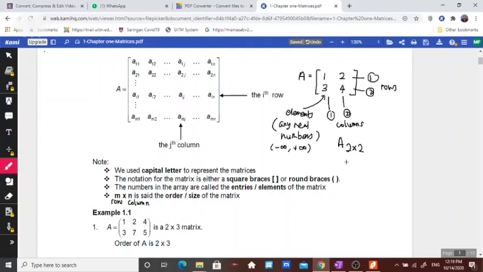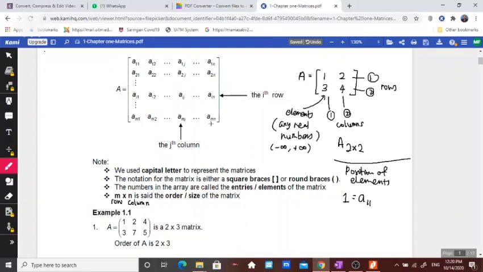Another one is the position of elements. For the position of an element, we can use i and j: i row and j column. For example, the element 1 here is located at the first row and the first column. That means the position of element 1 is a11.